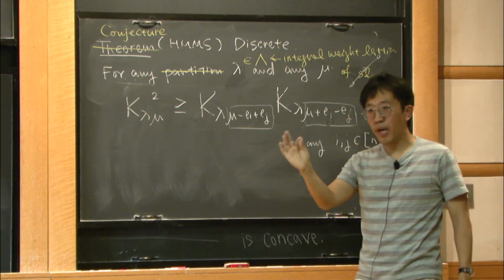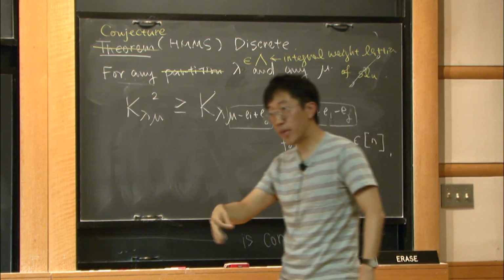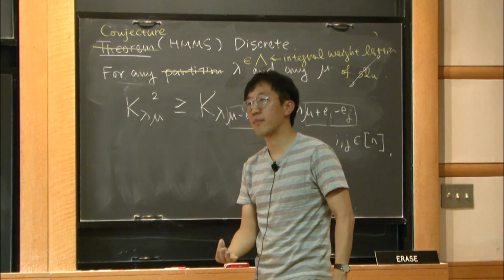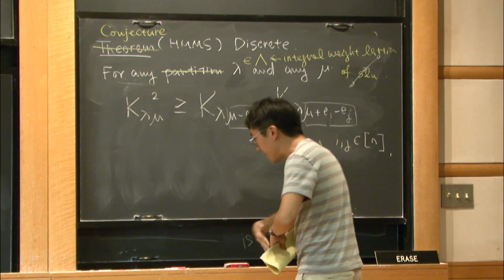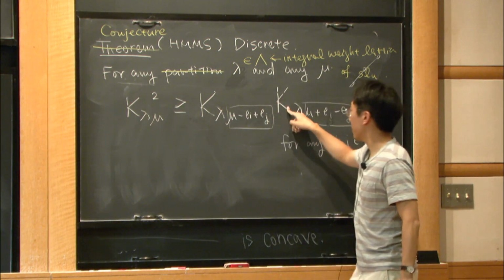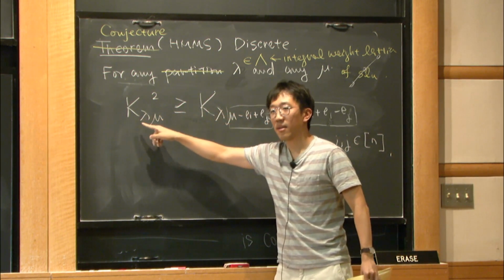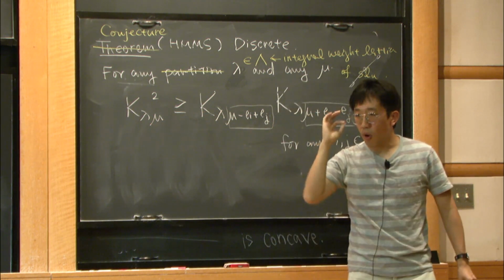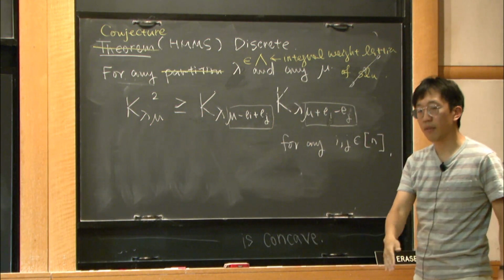You take any weight, and there is a highest weight simple module with that highest weight. It has finite dimensional weight pieces. You look at the weight multiplicities. We conjecture that they are always log concave in any of the root directions.